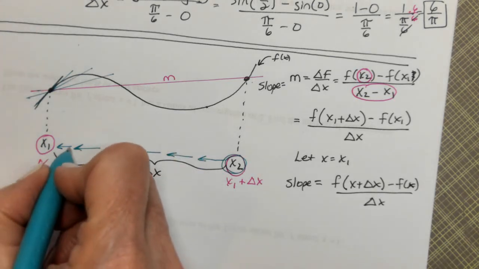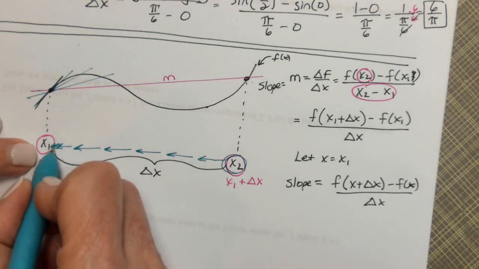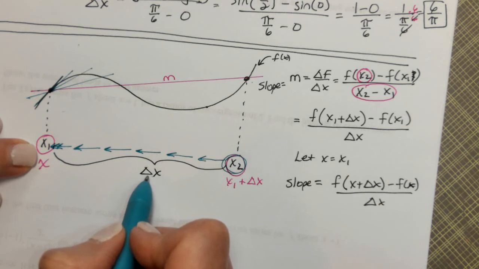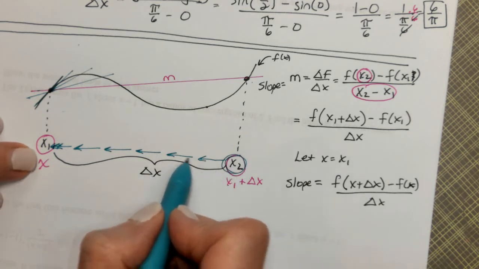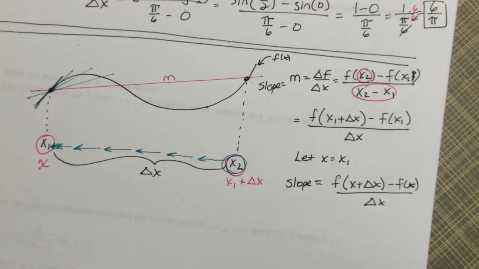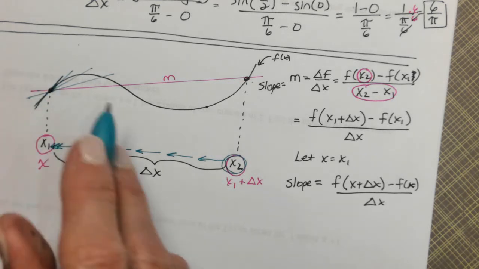We want to move it so close that delta x is almost 0. As we move x sub 2 closer to x sub 1, delta x is getting tinier and tinier, and we want it infinitesimally close to 0, so that we have just the slope of the tangent line.